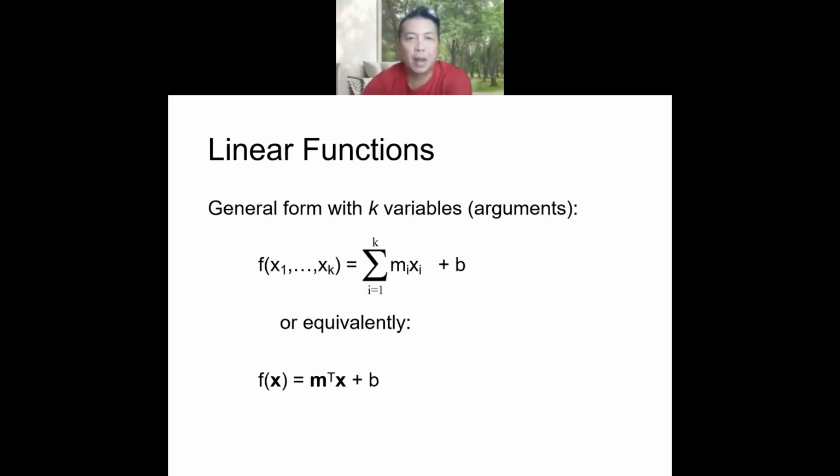So when we look at the linear function, if you remember, this is similar to what we have in linear regression, in which we have the variable xi, the weightage for each individual x, and b, which for linear regression is the error.